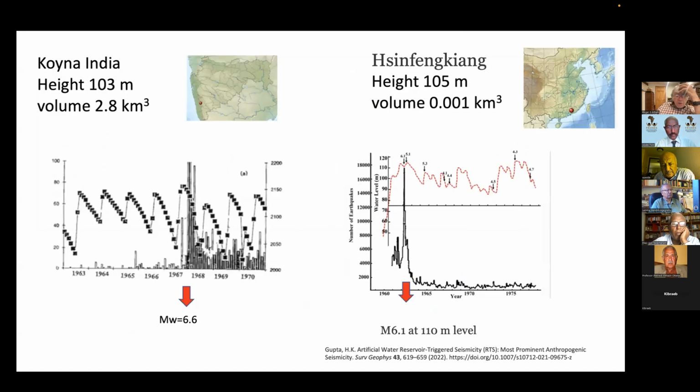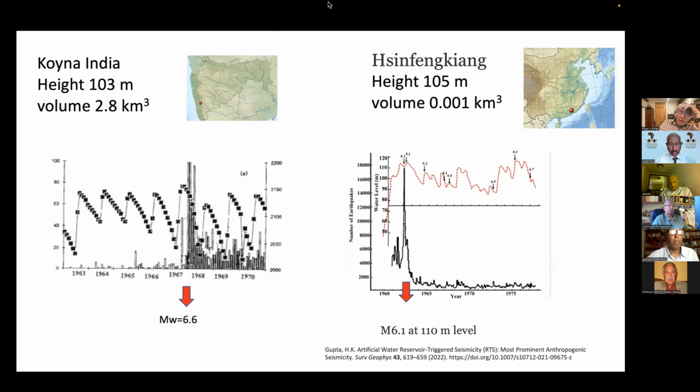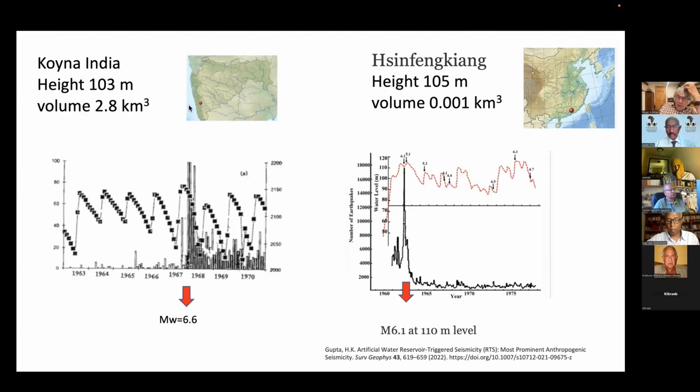The last two examples, the Koina earthquake is perhaps the most famous example, because this was a big shock to everyone. This is a 6.6 earthquake on the edge of the Indian, near the Ghats region. Mumbai is up here somewhere. So this was a region that hadn't had any earthquakes larger than magnitude 1 or 2 or 3, I don't think there had been any 4s even in this region.